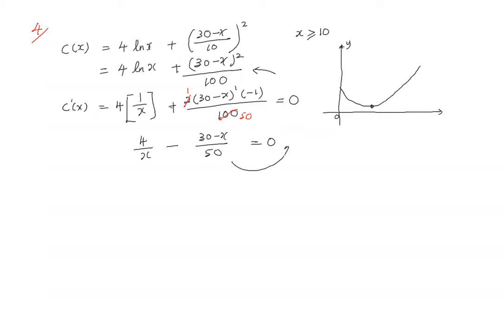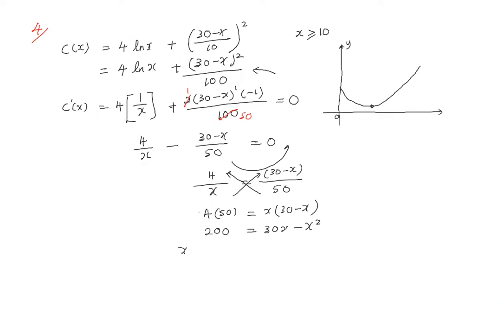Bring this over. So the 30 minus X still put in the bracket, that will be safer. Cross multiply. So 4 times 50 equal to X times 30 minus X. Okay, 200 equal to 30X minus X squared.